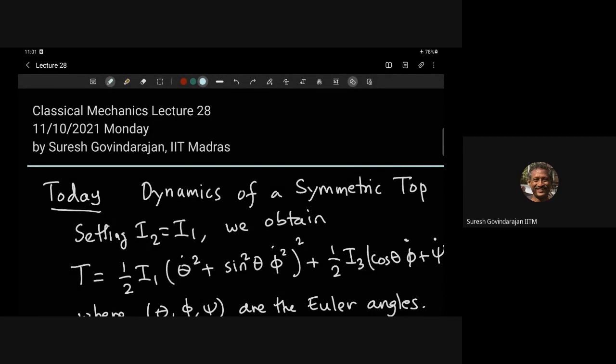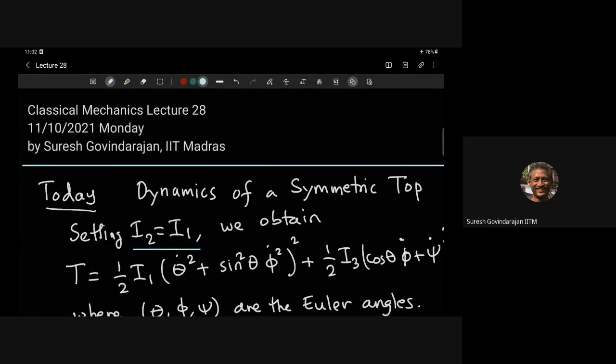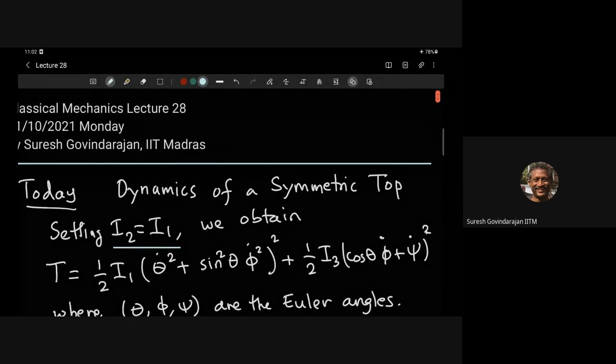We'll continue the study of the dynamics of a symmetric top, and for a symmetric top, hopefully you remember that I2 is equal to I1, and it need not be equal to I3. If you put that in, there is some simplification in the kinetic energy which we had written out, and so you can see that T depends on theta dot, phi dot, psi dot, of course.